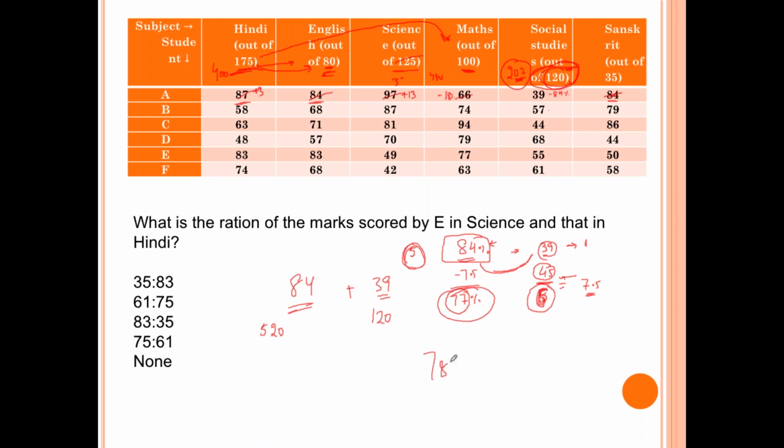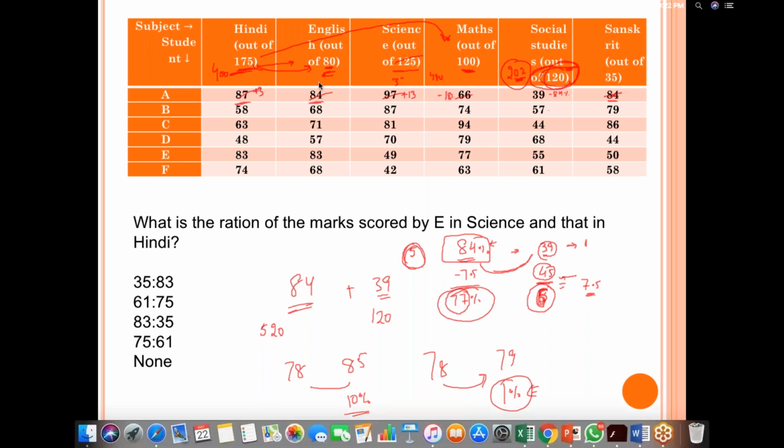If my options are 78 and 79, my error in the difference in the options is 1%. I cannot approximate much. But if my options are 78 and 85, my error is 10%. I can very easily approximate. Right? Is it clear? Ayush? Okay, Ayush. Right? This is just I'm telling you in case you get it.